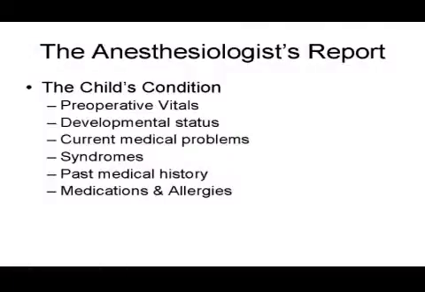One of the distinguishing things about pediatric anesthesia is that we deal a lot with syndromes. And the anesthesiologist should be able to tell you what kind of syndromes the patient has and what the effects are under anesthesia and what you can expect to have to watch out for. And past medical history, medications, and allergies.